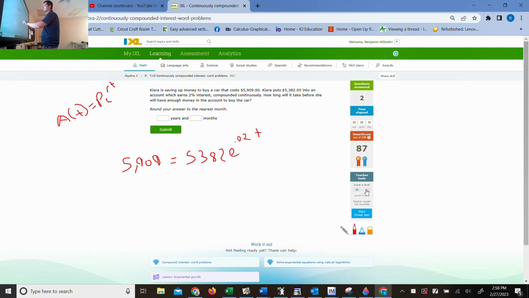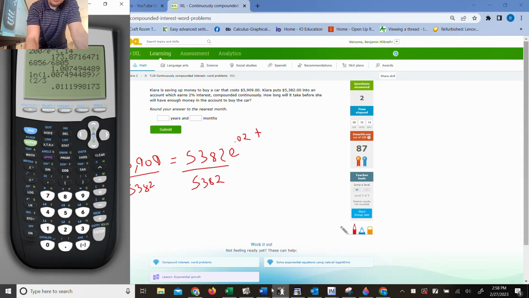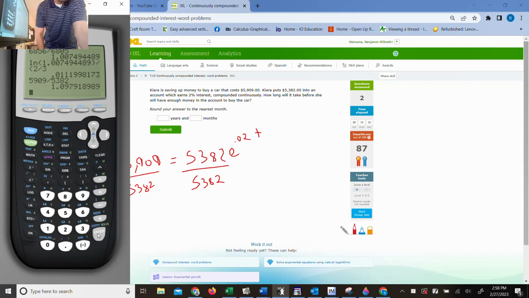We're going to divide out the 5382, both sides. See what happens. So that was 5909 divided by 5382. Gets me that little decimal there, 1.0979. You'll notice I write that on paper, but I don't use it.